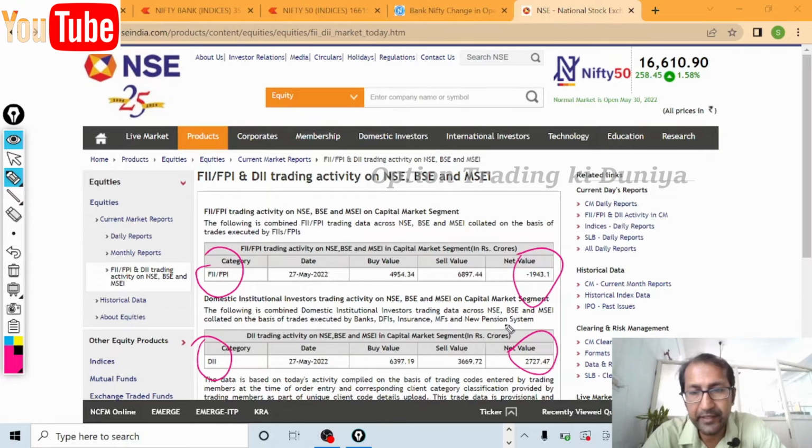So net to net, DIIs purchased and FIIs sold an almost equal amount. Okay, now let me show you the client wise derivative positions.